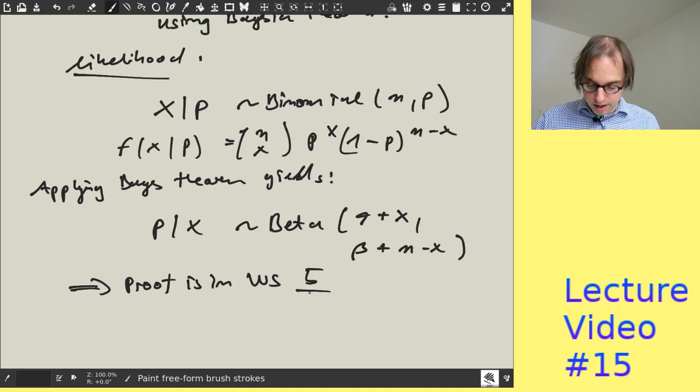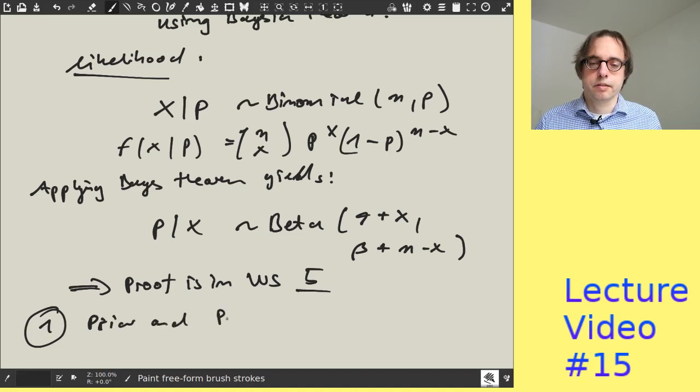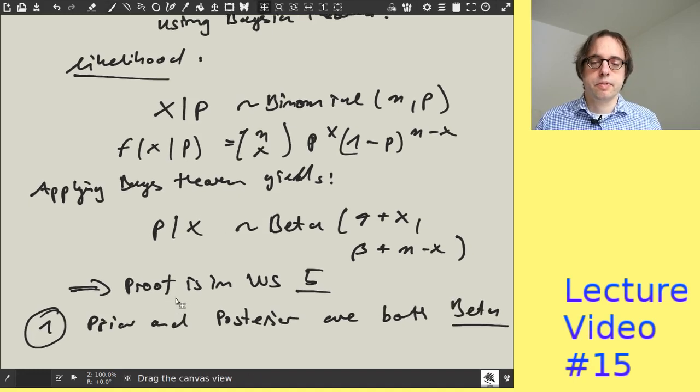But the key thing is the prior and posterior are both beta, so from the same family.